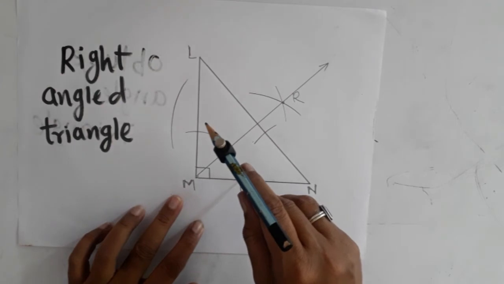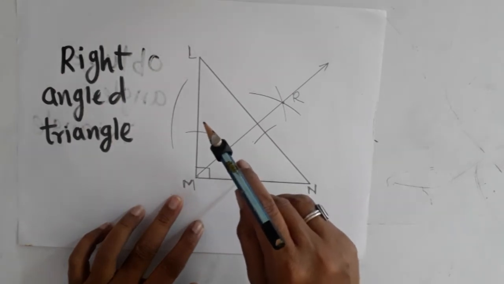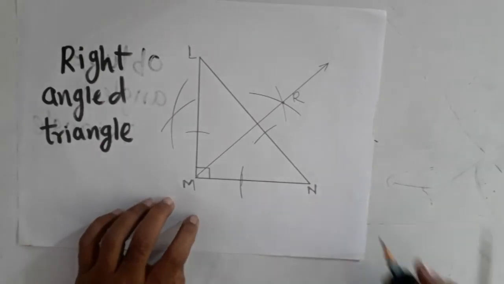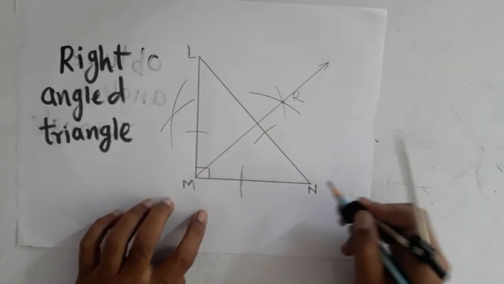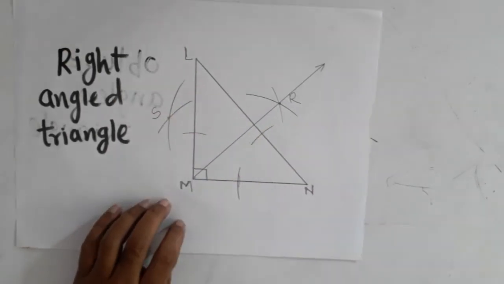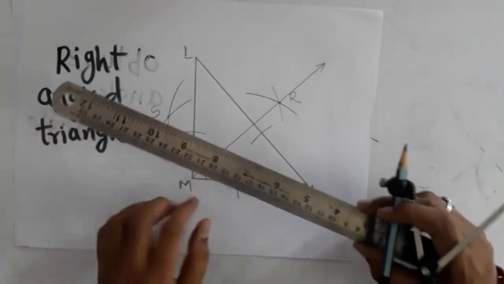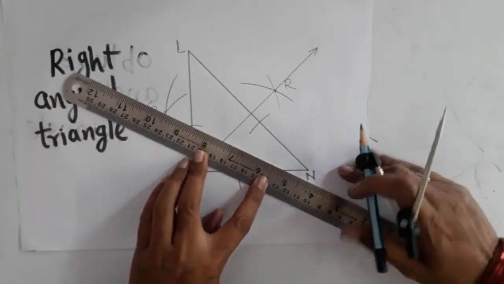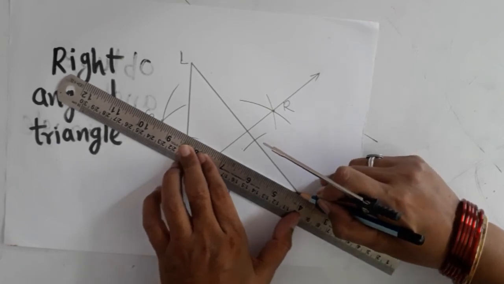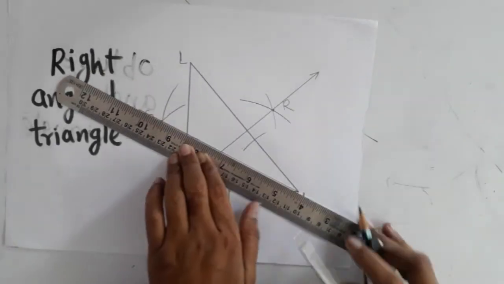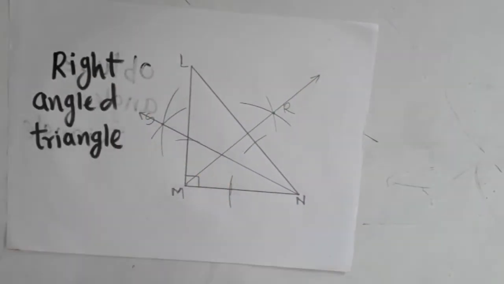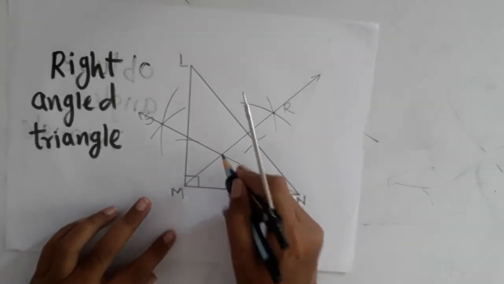If we draw like this, then we get angle bisector of angle N. Join this point and this point S. See, NS is the angle bisector.